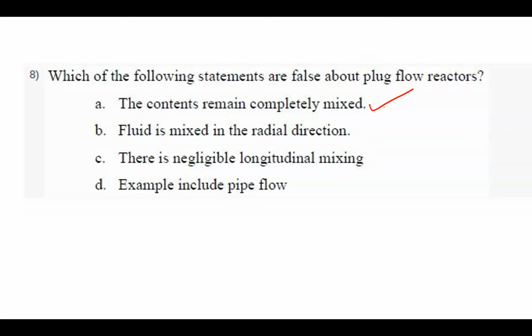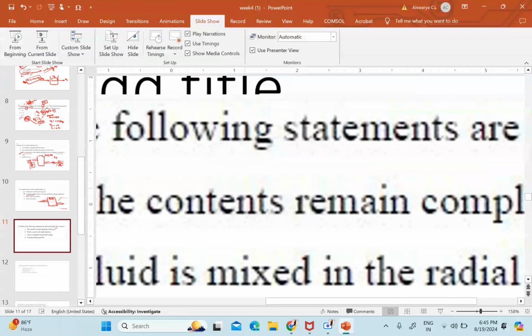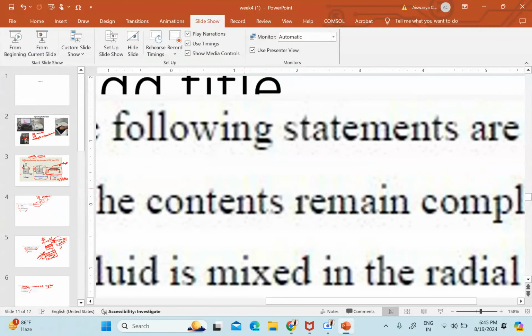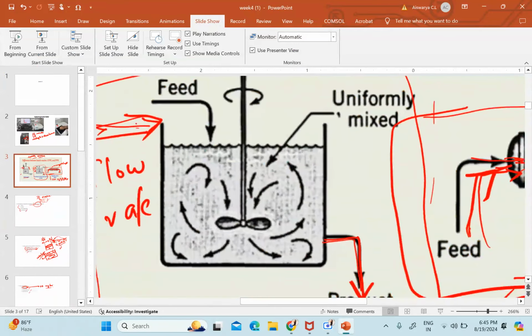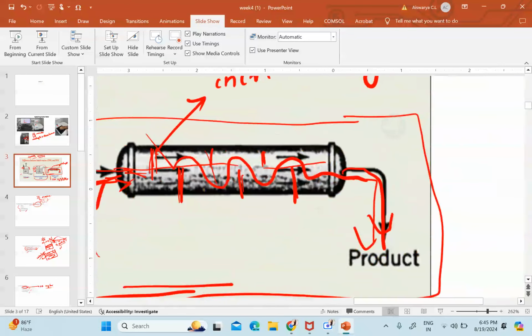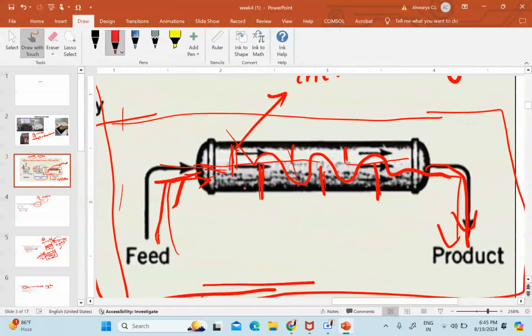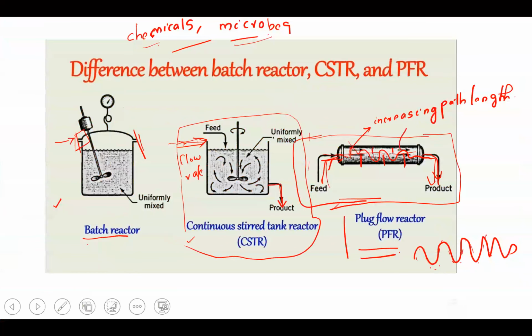Yes, right. Absolutely right. See here, this one is a plug flow reactor. It has some baffles inside. When you see other reactors, a stirrer is applied, and the whole liquid is under the influence of the stirrer, which makes the whole handling liquid uniform.